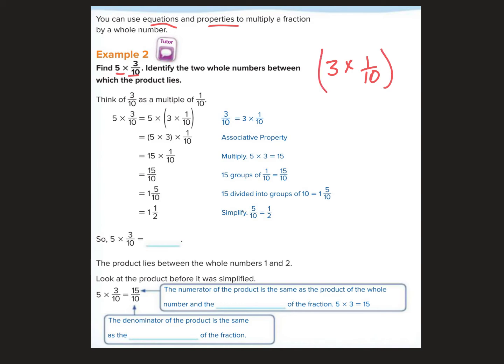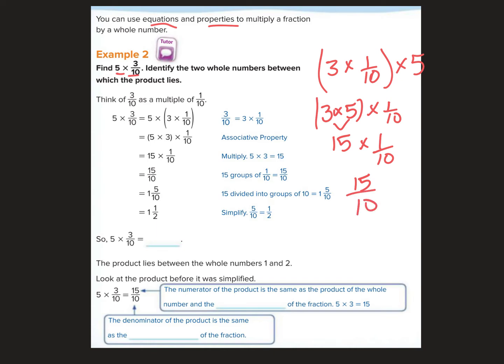So then if I'm taking that and multiplying it by 5, I can use the associative property and switch them around and do 3 times 5 times 1/10. So therefore, 3 times 5 is 15 times 1/10. And 15 times 1/10 we know is 15/10.